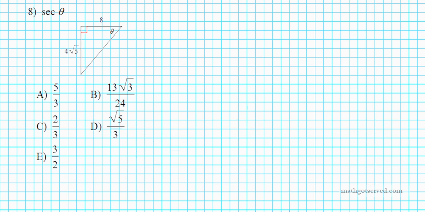All right, let's take a look at question number 8, the last problem in this review installment. Let's see. We're asked to find secant theta. So let's rewrite SohCahToa again. Now the question is, which trig function is secant related to? Sine, cosine, or tangent?